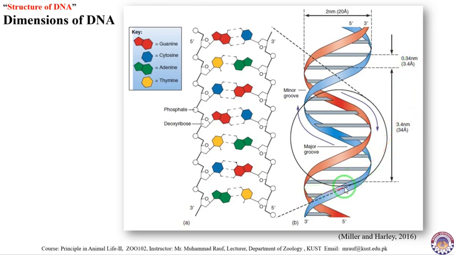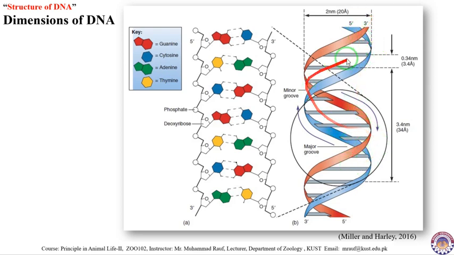DNA takes one complete turn after every 10 nucleotides. One nucleotide is twisted at a 36-degree angle from the first one, and the third nucleotide will be twisted 36 degrees from the second one, and so on.